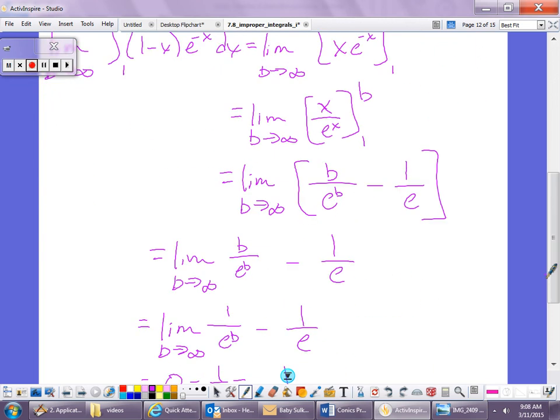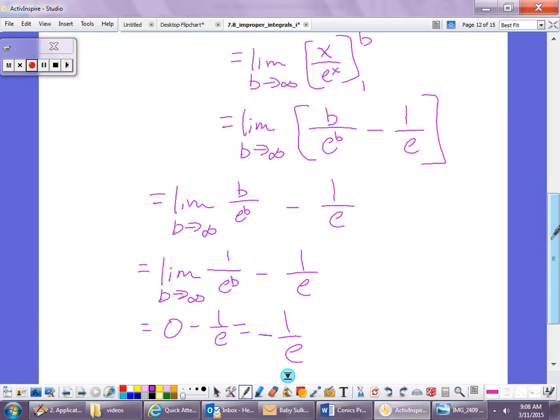We came down here, we did our substitution, b and 1. We split that up because this is not affected by b going to infinity. That's just negative 1 over e. And then we're left with the limit as b goes to infinity of b over e to the b. And that's where we can use L'Hopital. So just write that here, from here to here. That's where L'Hopital comes in.